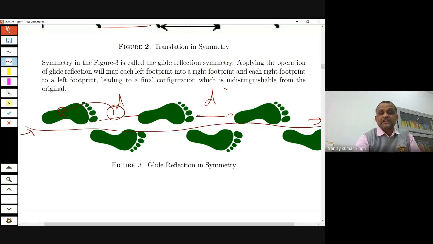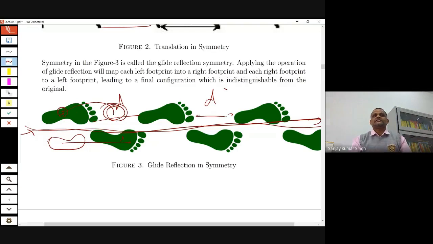So either you translate it here and then reflect it about this line, or you just reflect it here and then translate it. So reflection and translation together give you a different type of transformation that is called a glide transformation, and this also gives you a different type of symmetry that is called glide reflection symmetry.